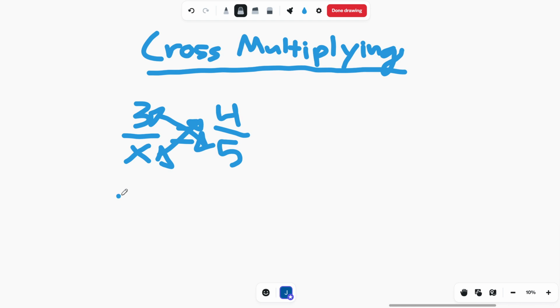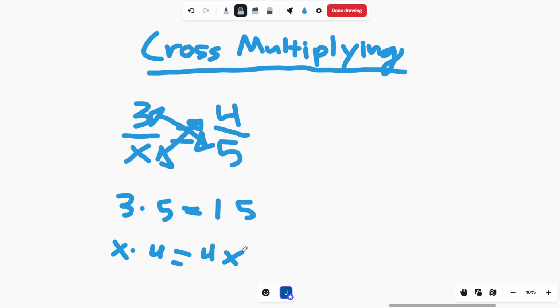So 3 times 5 is equal to 15. And then x times 4 is equal to 4x.